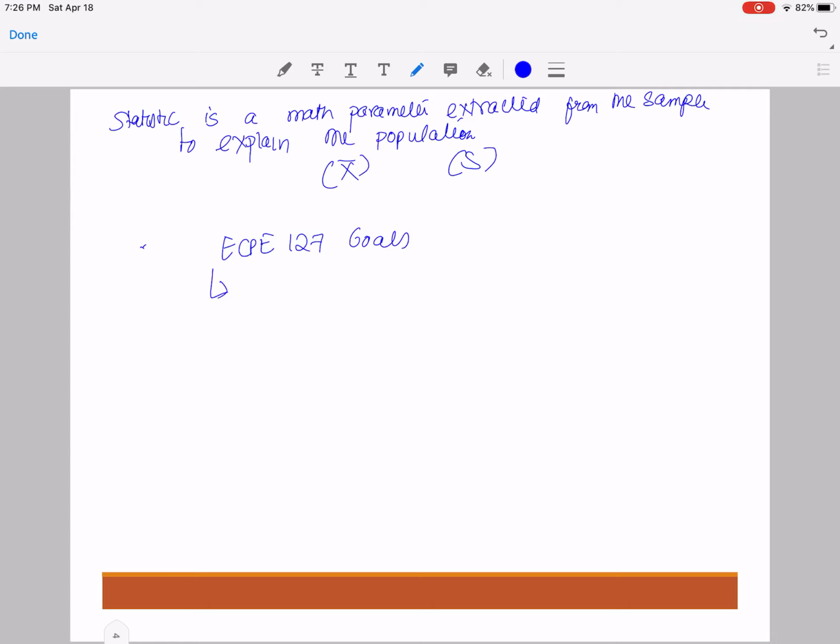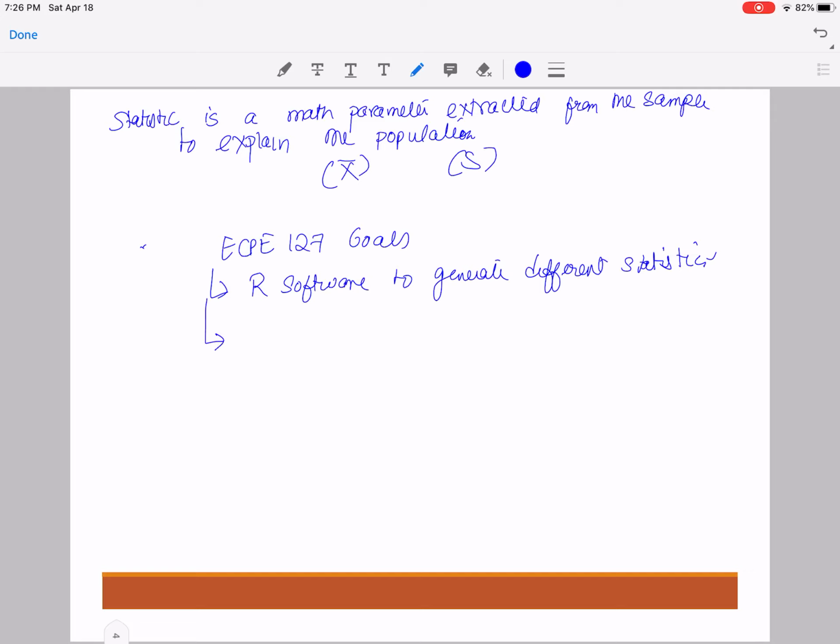I'm going to teach you how to use our software to generate different statistics. I'm going to show you how to use different commands in R to generate different kinds of statistical parameters.